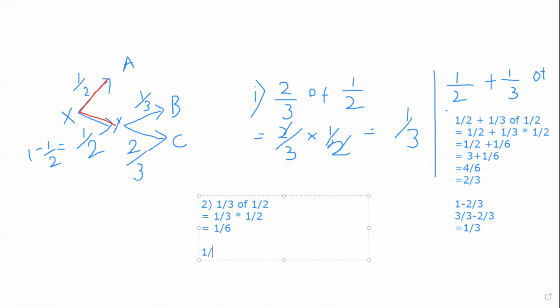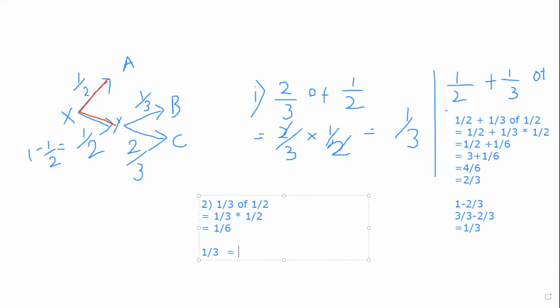So 1 divided by 3. That means each of them is going to get 1 over 3 portion: 1 over 3 for A, 1 over 3 for B, 1 over 3 for C. To compare this with the earlier fraction, I'm going to make an equivalent fraction with the same denominator, so I have to multiply the whole fraction by 2.